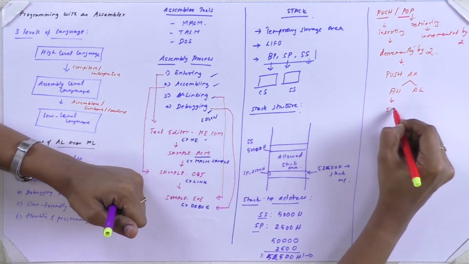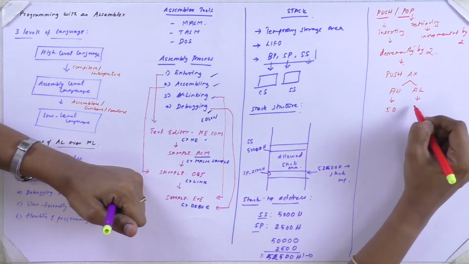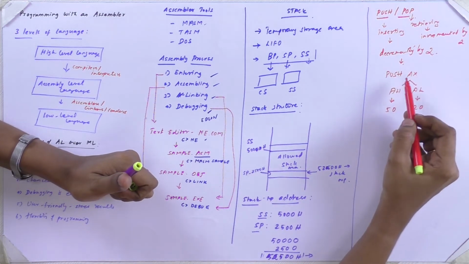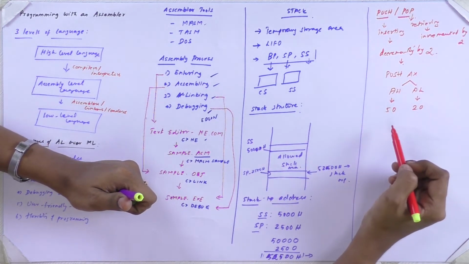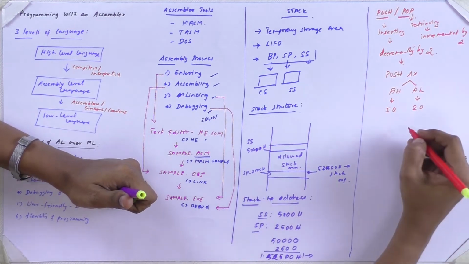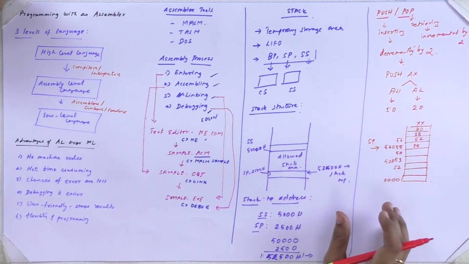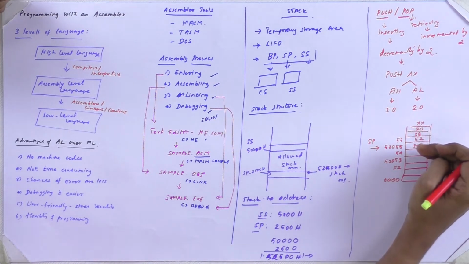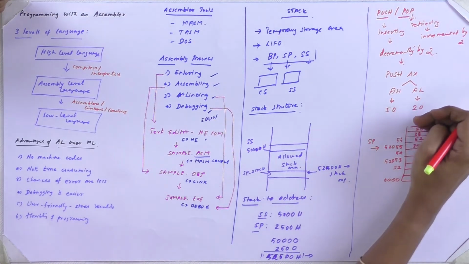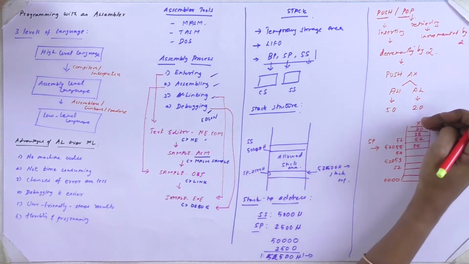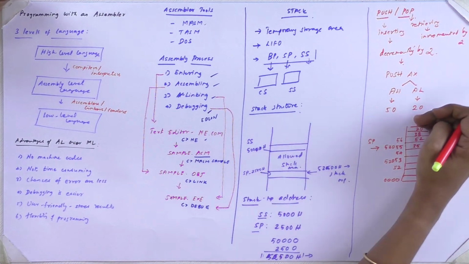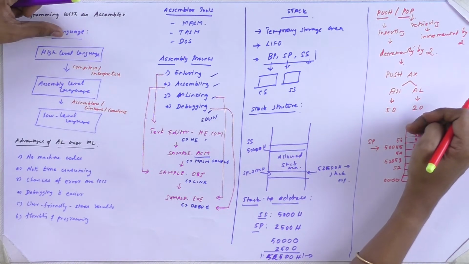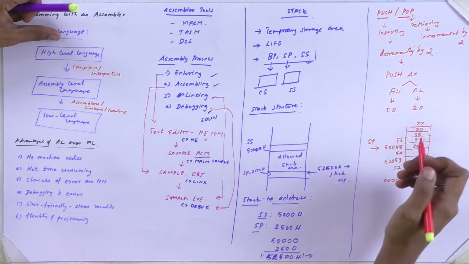For example, the value of AH is 50 and AL is 20, and you want to push this value into a stack memory location. Consider this as a stack area and assume that the stack values are filled in this order, from the highest offset address value to the lowest address value.